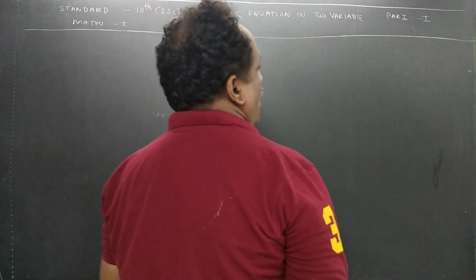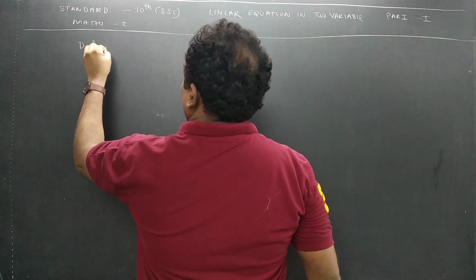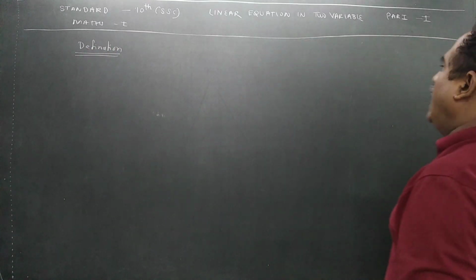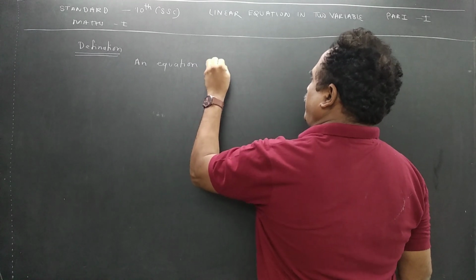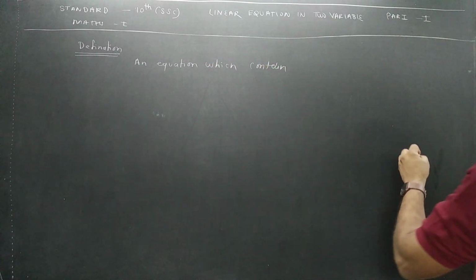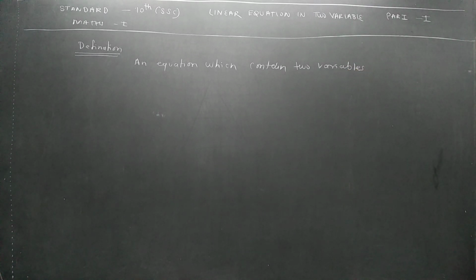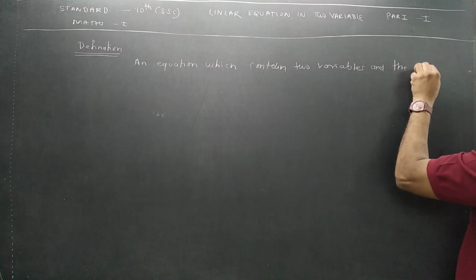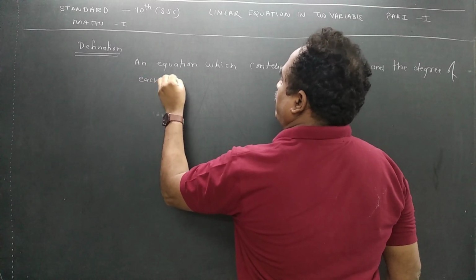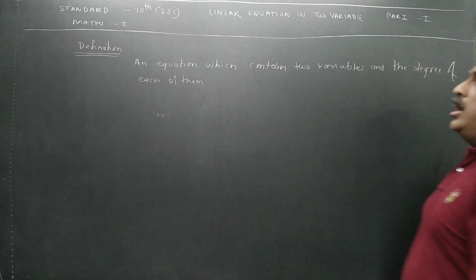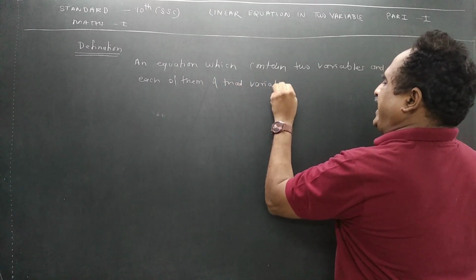Okay, so linear equation in two variables, definition of it is: an equation which contains two variables, and the degree of each of those variables is 1.